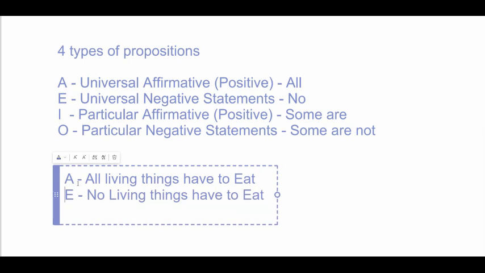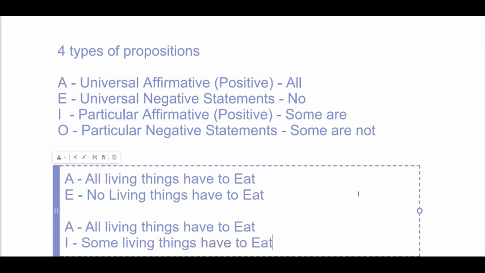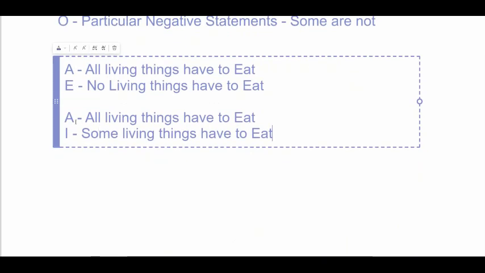Now the same A proposition I have to convert to I type. I type would be some living things have to eat. As I told you, the conversion from A to I will not make sense because it is not valid.